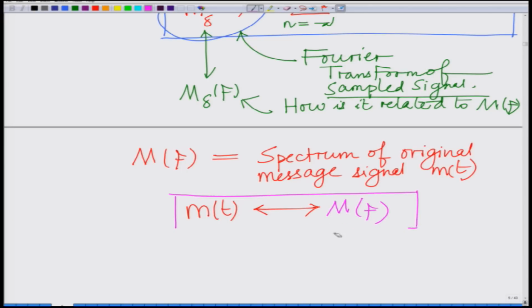So, we know the spectrum of the original signal, m of f, that is, m of t is the original message signal, its spectrum is m of f.